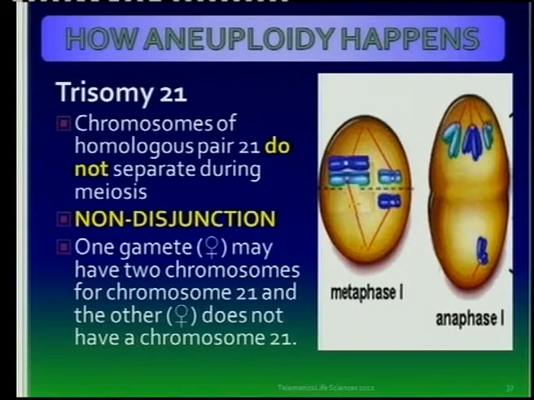There was a question: why always at chromosome 21? It can happen at other chromosomes too. There's a terrible condition that occurs when there's a non-disjunction at chromosome pair 13. There's another terrible condition when it happens at chromosome pair number 18. Chromosome pair 21 is the one that you have to know because Down syndrome is relatively visible, and there are quite a relatively high number of people with Down syndrome living in our community.